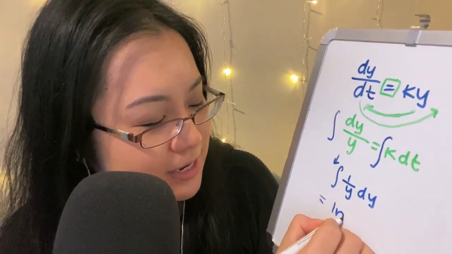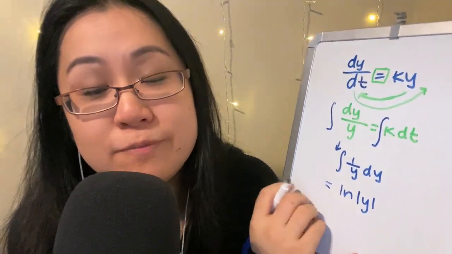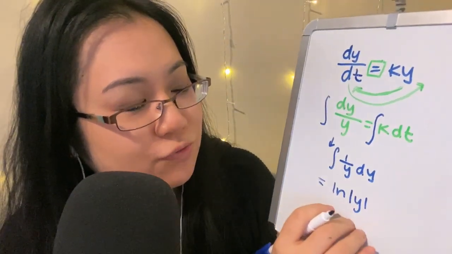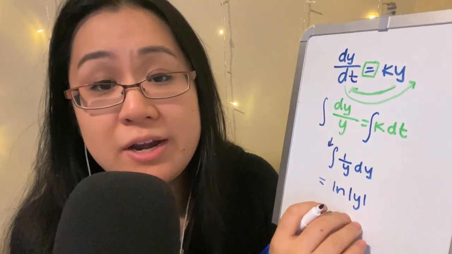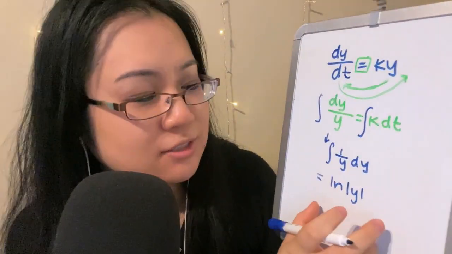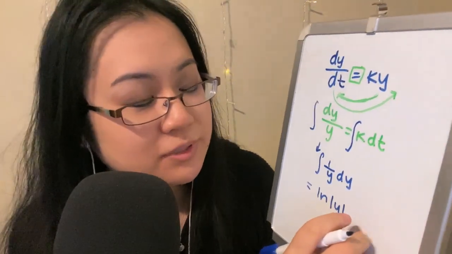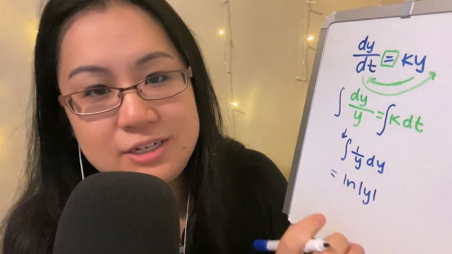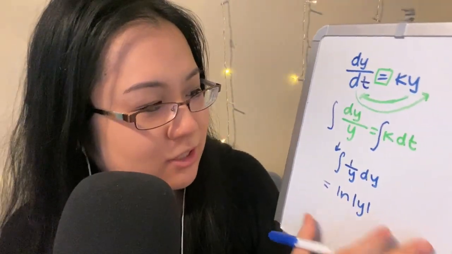So this is going to be the natural log, and usually you put in an absolute value to be safe because you don't want to take the natural log of a negative number. Usually though, for these kinds of questions, our y value will already be positive, just in context like population or mass. Those values are typically going to be positive, right? So you don't really need the absolute value, but just conceptually, we can just leave it.